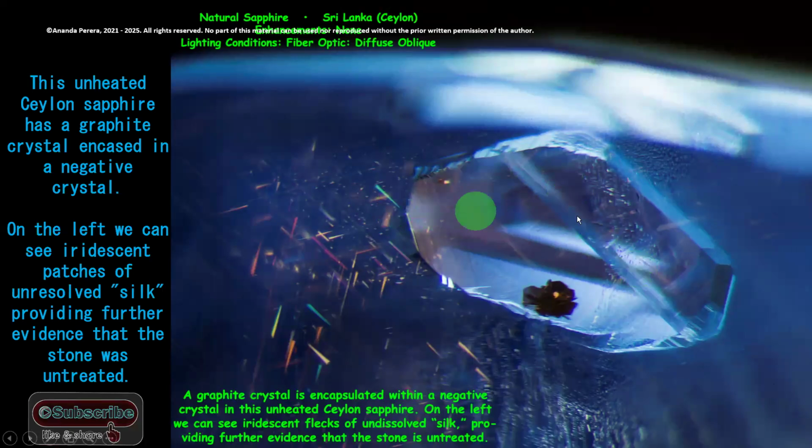We are moving to this. Here, we can see the graphite crystal. Inside this big negative crystal, the graphite crystal is here. On the left side, we can see iridescent patches. Those are patches of unresolved silk. These are rutile silks. And you can see here also a fingerprint and unresolved silk, providing further evidence that the stone was untreated.